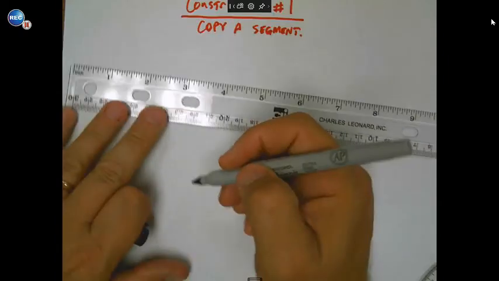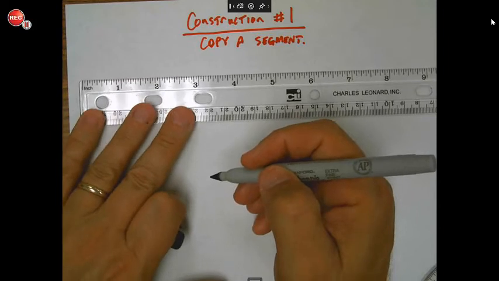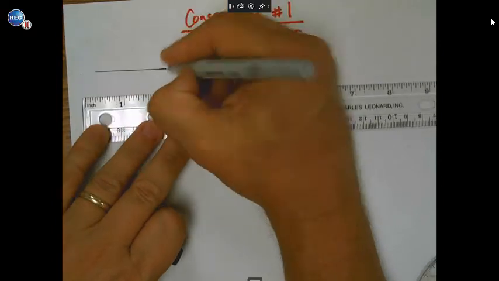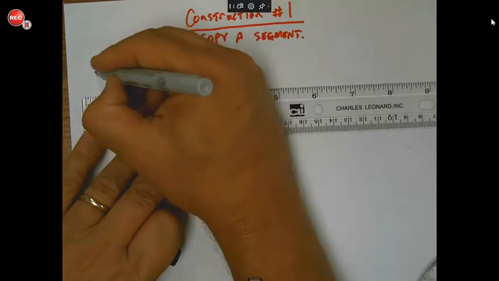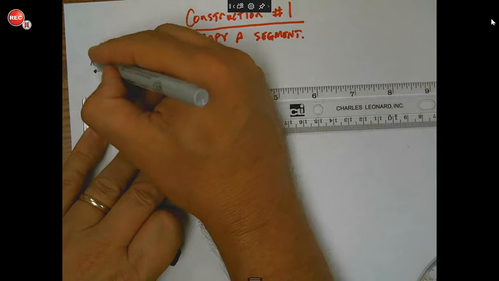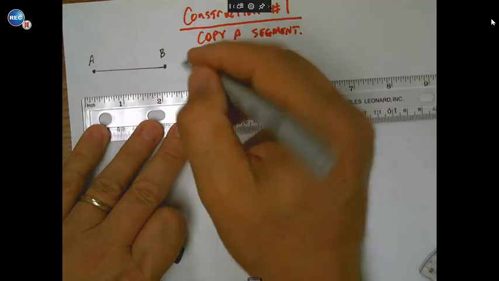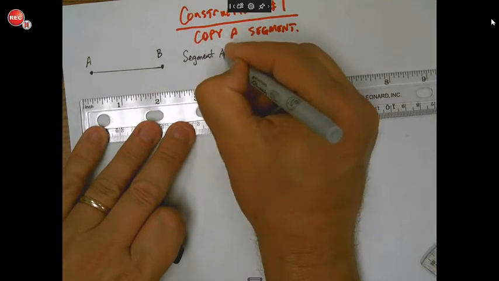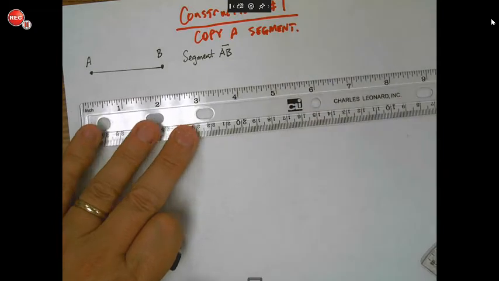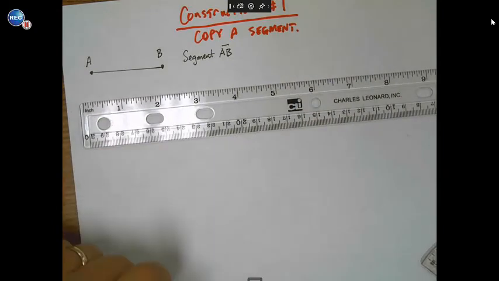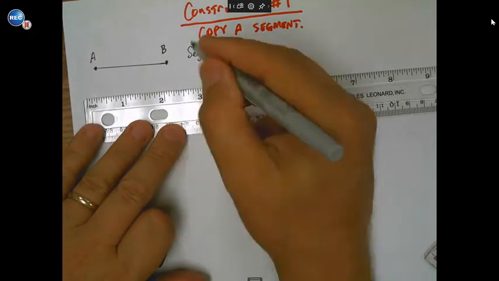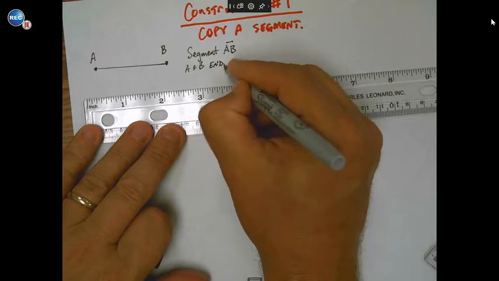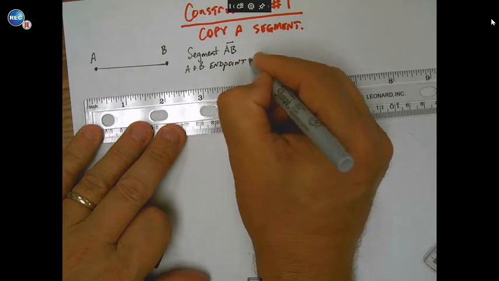To start us off, use your straight edge. Doesn't matter how long, but go ahead and create a segment. It can be random length. That is segment AB. Many times it's denoted with a segment over top. A and B are what we call endpoints because that's where the segment ends.